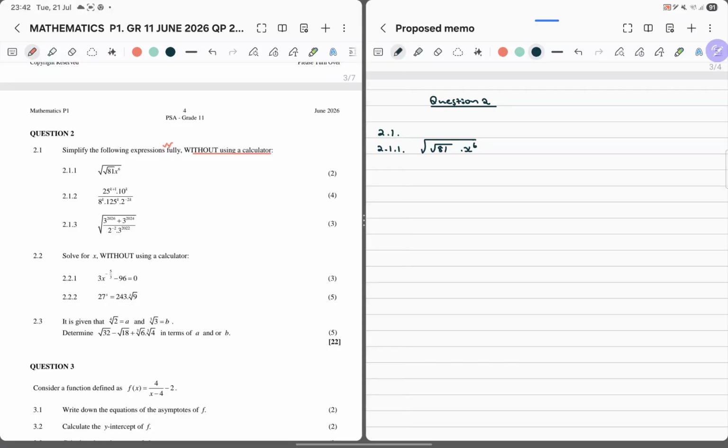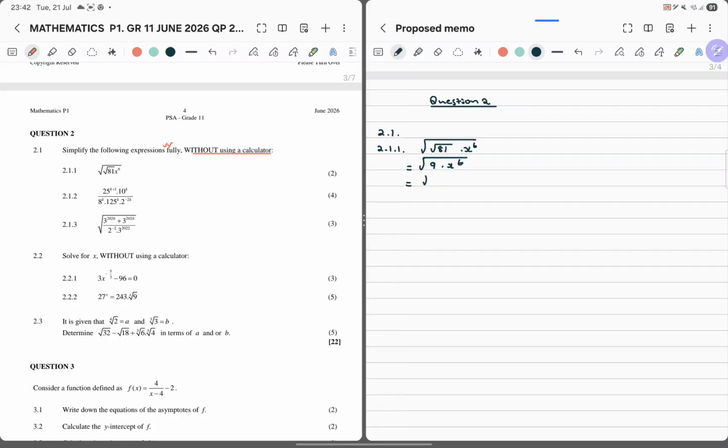Be very careful how these expressions are written. You can see the cap only covers 81. So this is equal to the square root. Now square root of 81, folks, this is basically 9. There's no questions about it. Multiplied by x to the 6.